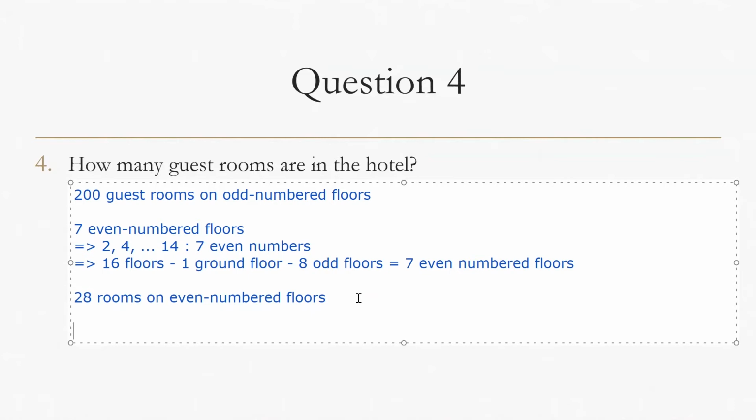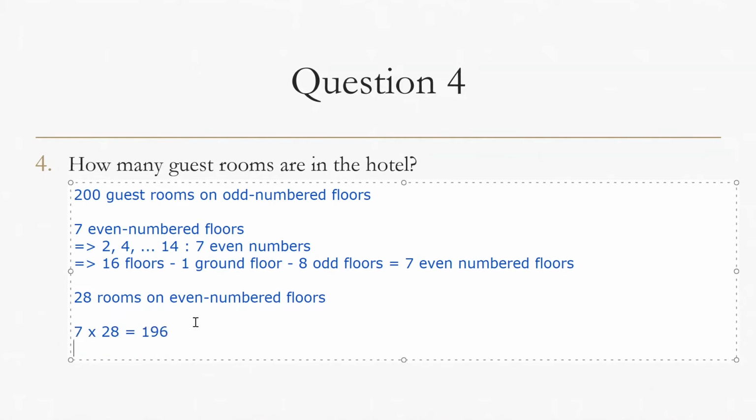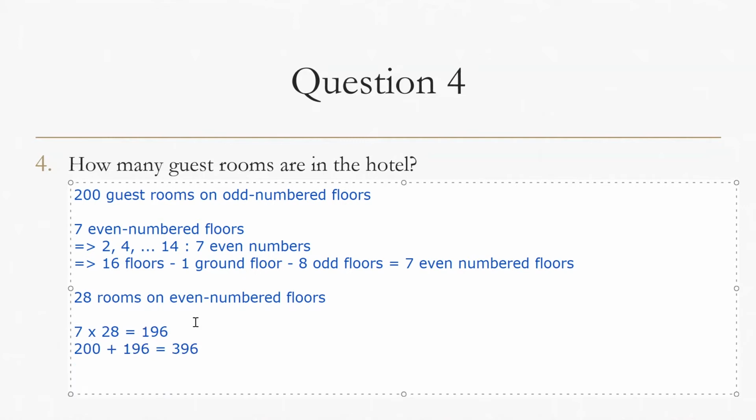Okay, so what's the next step? You do 7 times 28, which is 196. Yes, good. And then add that to 200, which is 396. Good.